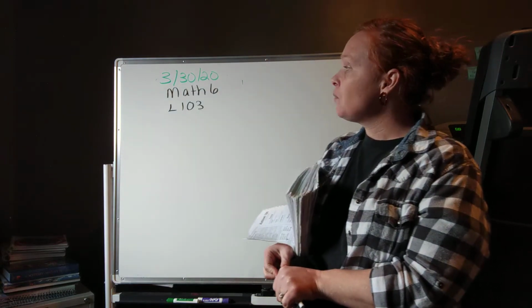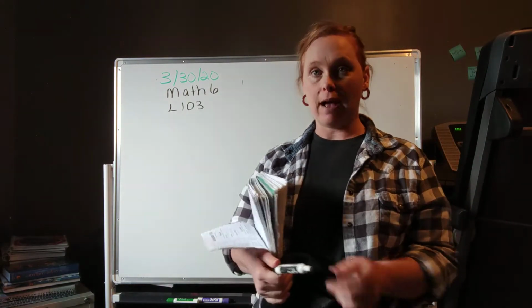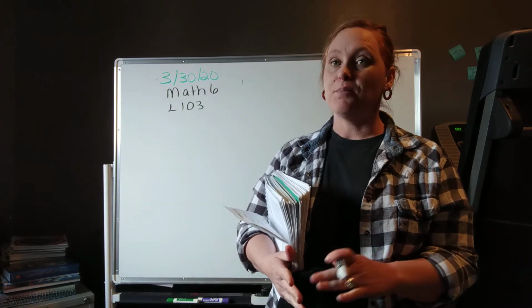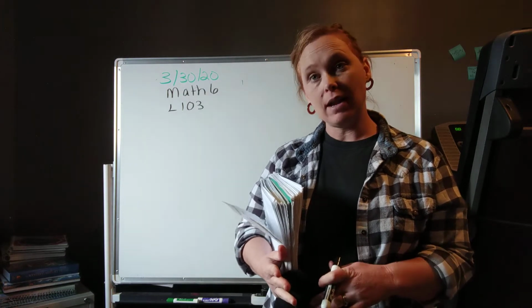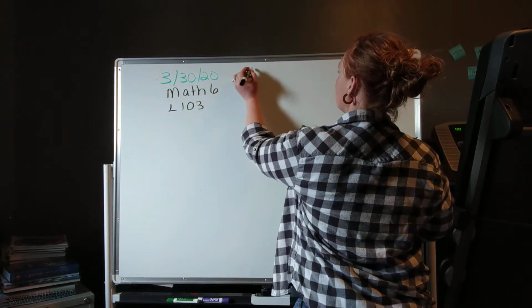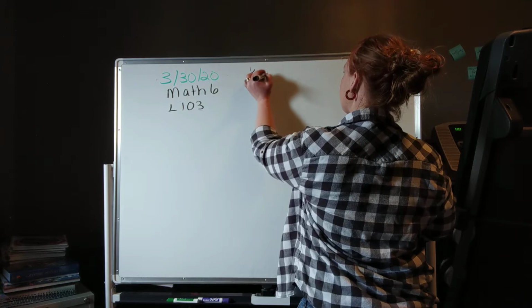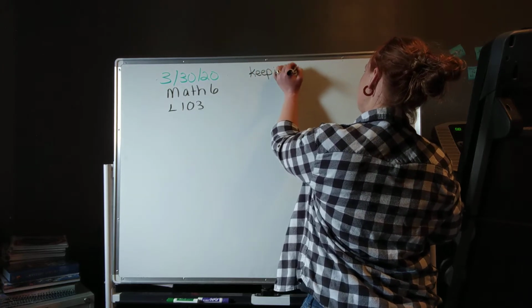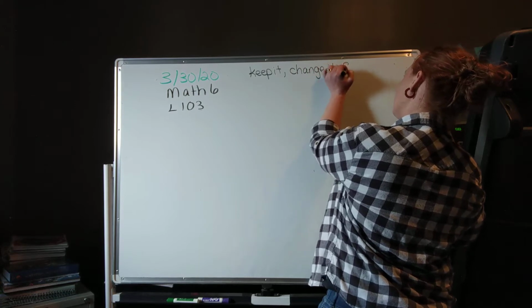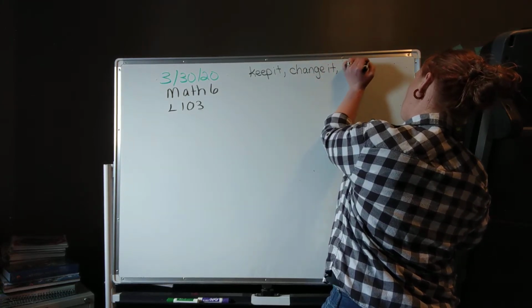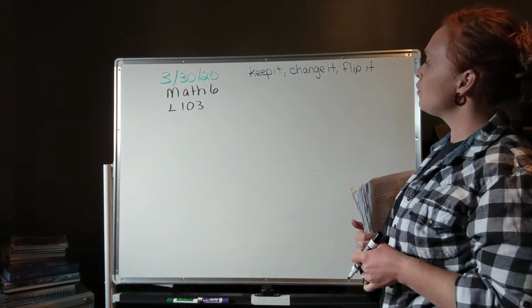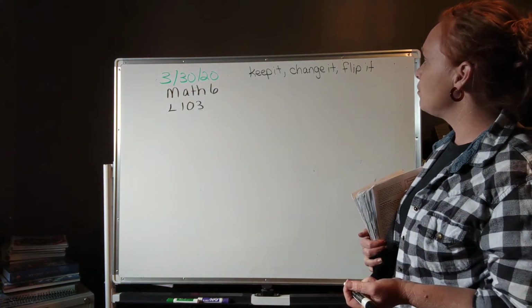Okay. Well, when we left off with math, we've been working with fractions. So we had added fractions, subtracted fractions, and multiplied fractions, and then we started dividing fractions. And if you remember when we did dividing fractions, we did keep it, change it, flip it. Okay, so remember that's our rule for dividing fractions.